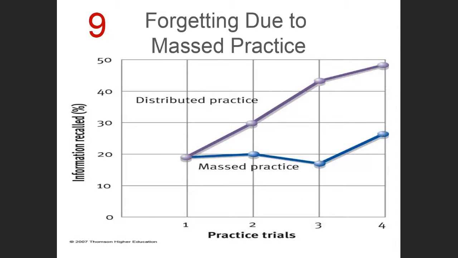Another reason why we forget is what's called mass practice. The psychology research shows that in order for us to learn things, it's better for us to do it in small bits of time until we master that information before we move on to something else.